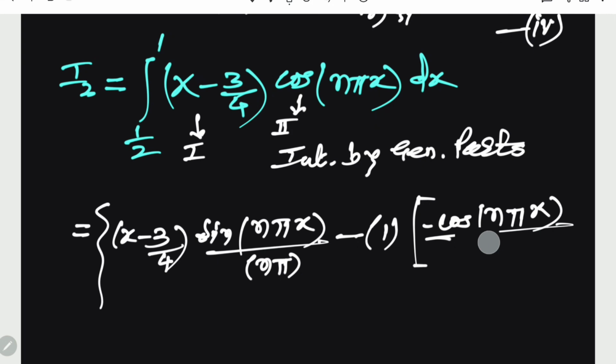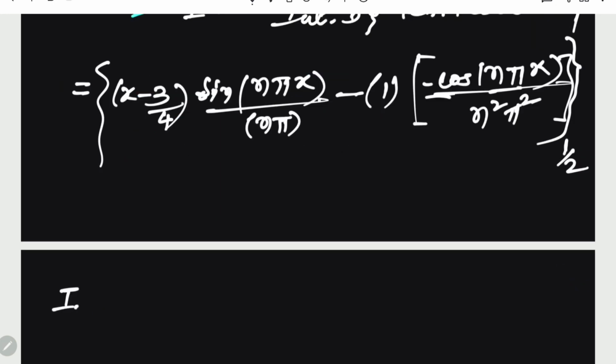Next term becomes 0 as derivative of constant term 1 is 0. We stop here, and limits from 1 by 2 to 1. Lower limit is 1 by 2, upper limit is 1.